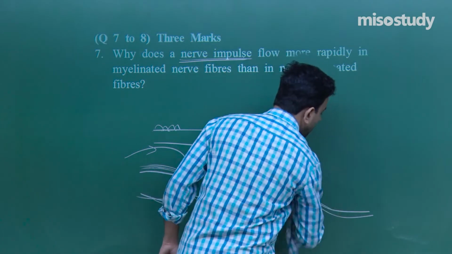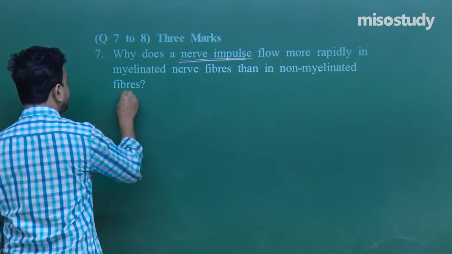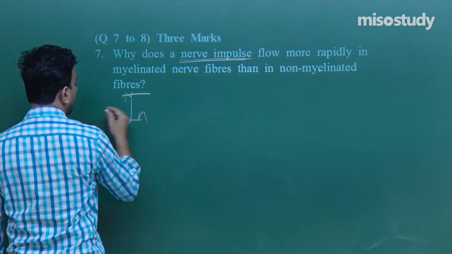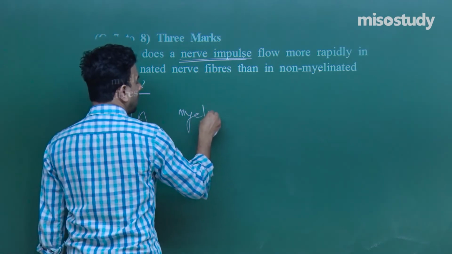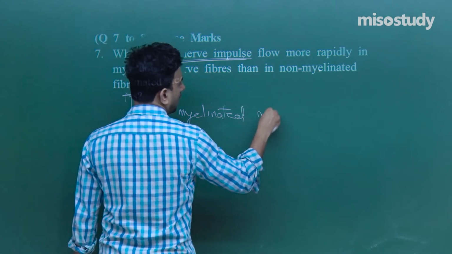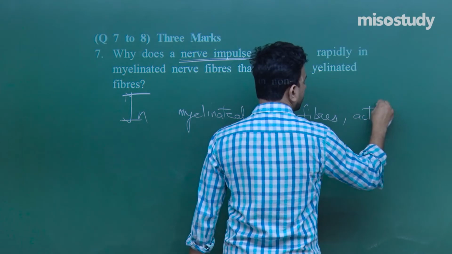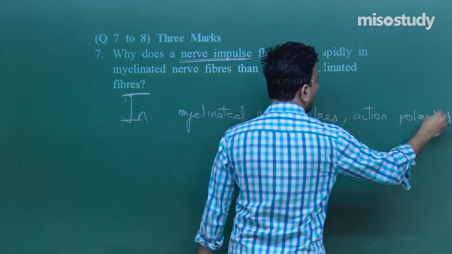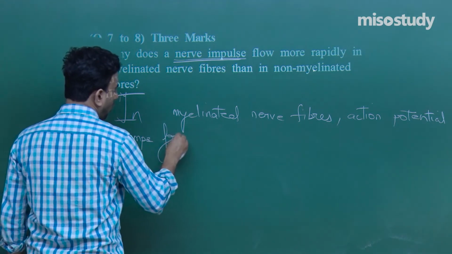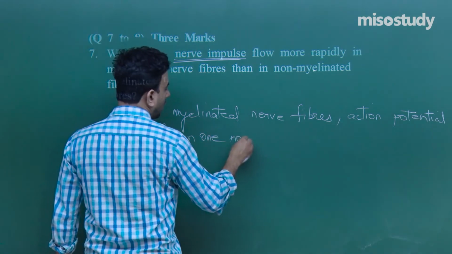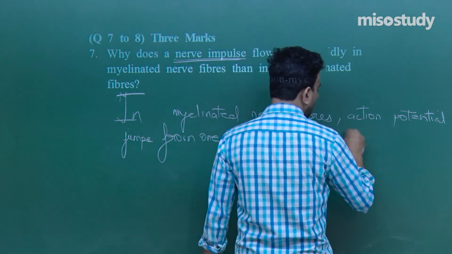Okay, so we will write this. In myelinated nerve fibers, the action potential jumps from one node of Ranvier to another.